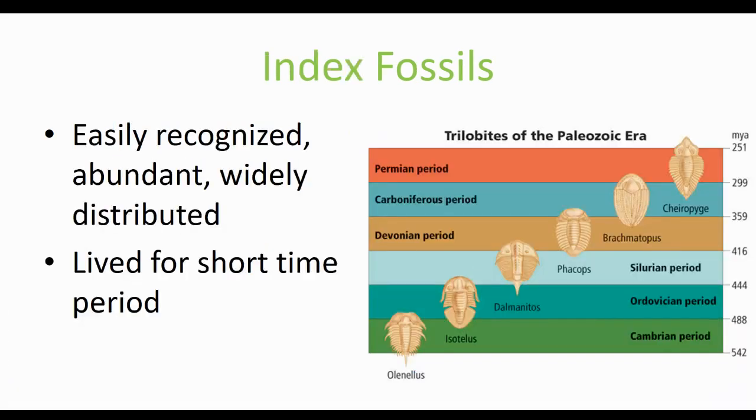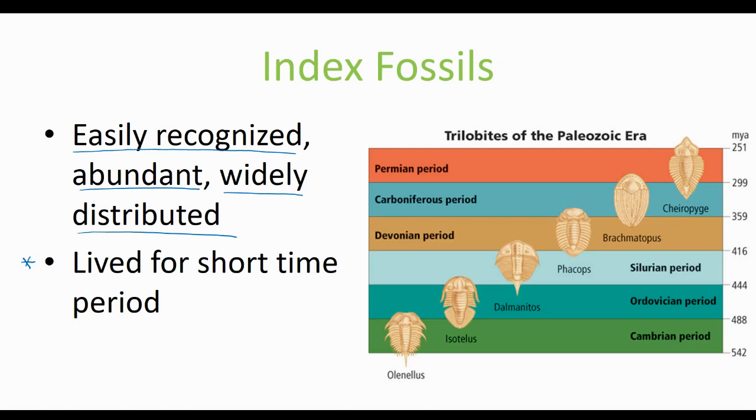Lastly, we have index fossils. An index fossil is a fossil that is going to be easily recognized, abundant, and widely distributed across the globe, okay? These are organisms that lived for a short period of time.